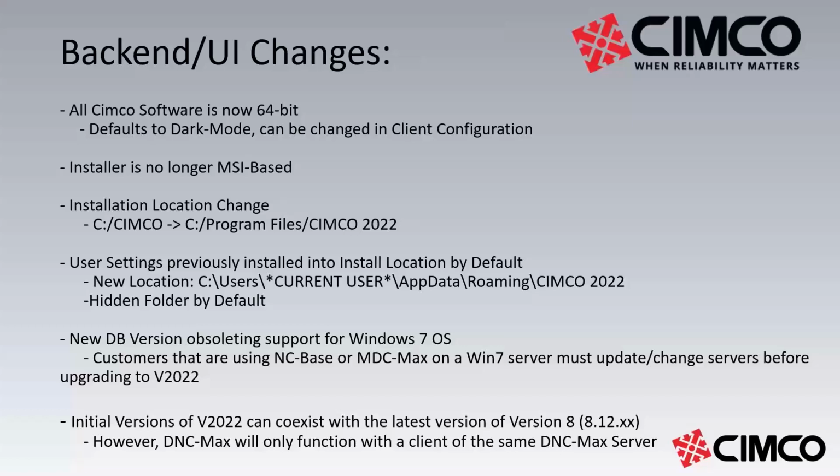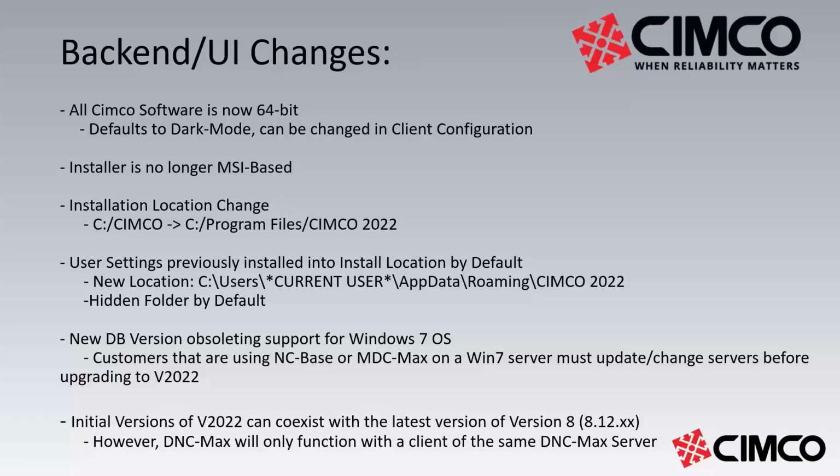But if you are using DNC-Max, it will only function with the same DNC-Max server as the client, so that version has to match up. If you're using version 2022, you have to use DNC-Max version 2022. We have also increased the security on the password side of things. If you change your password for the login for DNC-Max, you can't revert back after that, so it's not backwards compatible here.